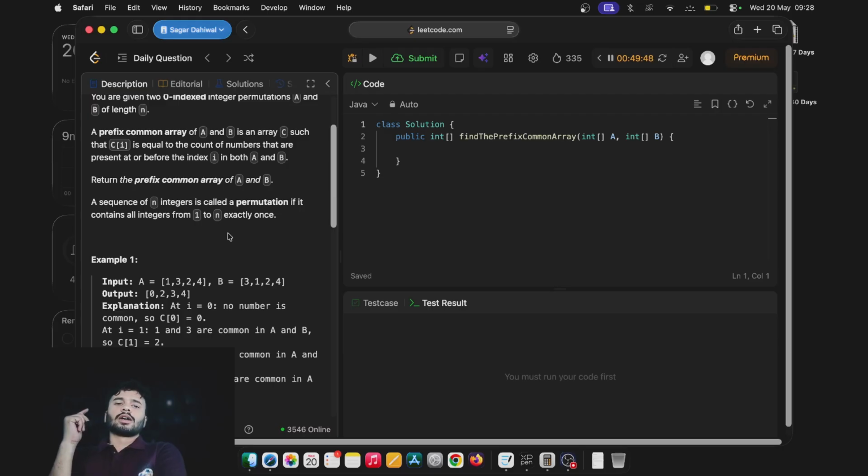I've made a mistake by saying before and after. So it's only at or before. That is what it means, prefix. I'm really sorry, I incorrectly read the question.